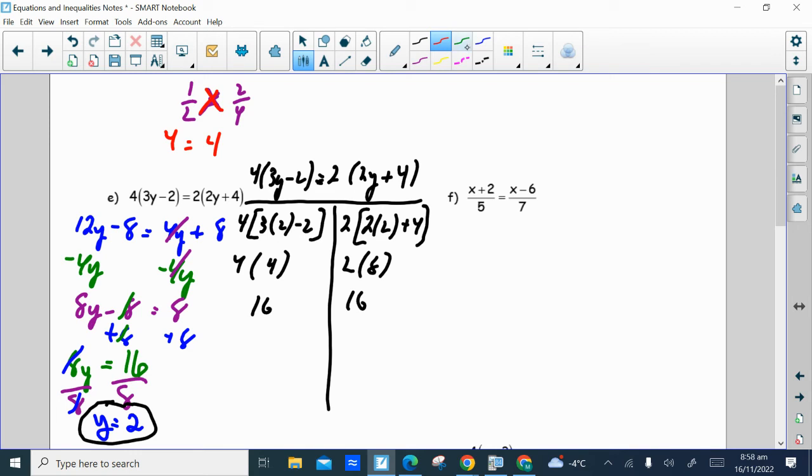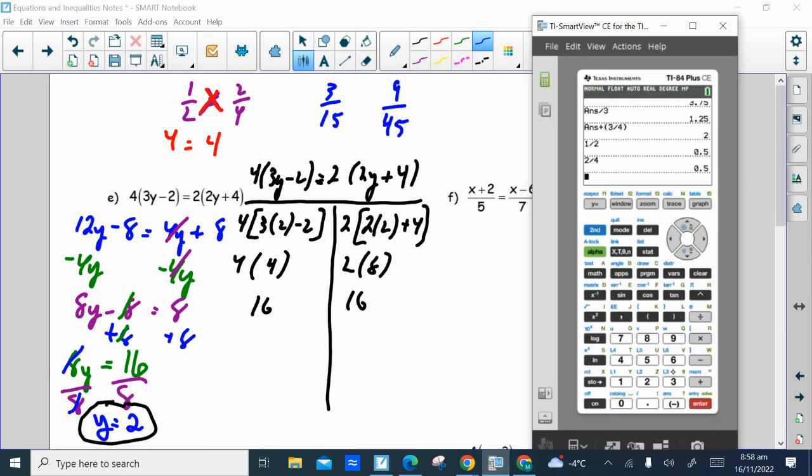Let's look at a different example. Let's say we had 3 over 15, and if we multiply both top and bottom by 3, we'll get 9 over 45. So those have the same value. 3 divided by 15 is that decimal. 9 divided by 45, same decimal.